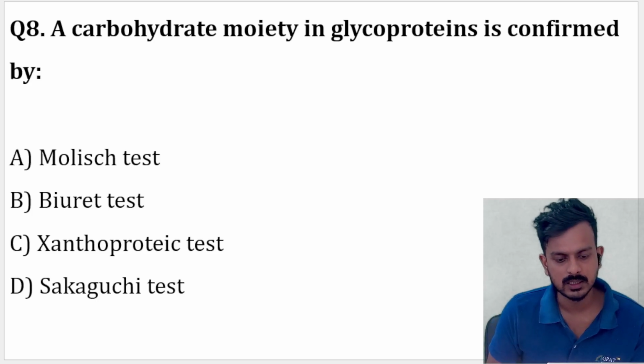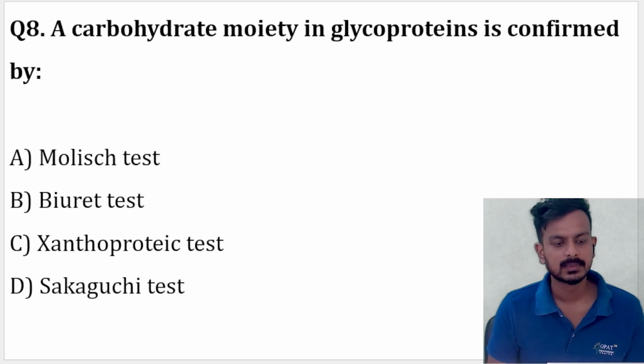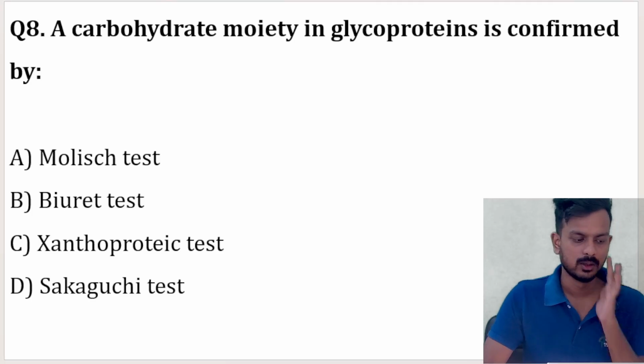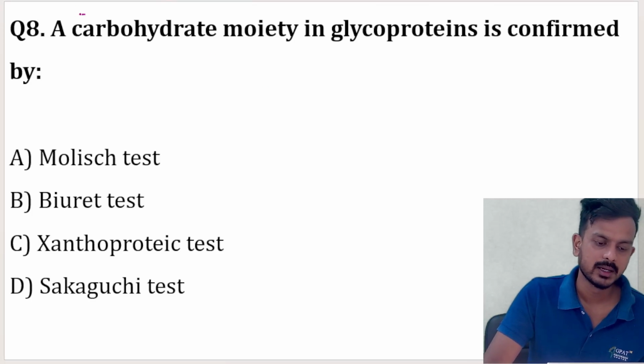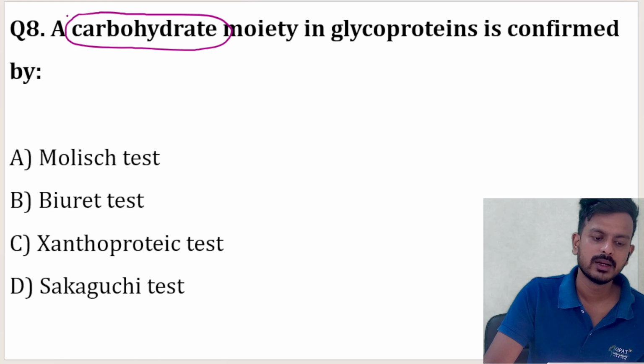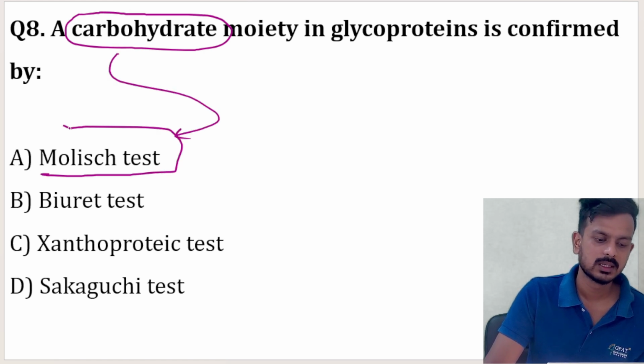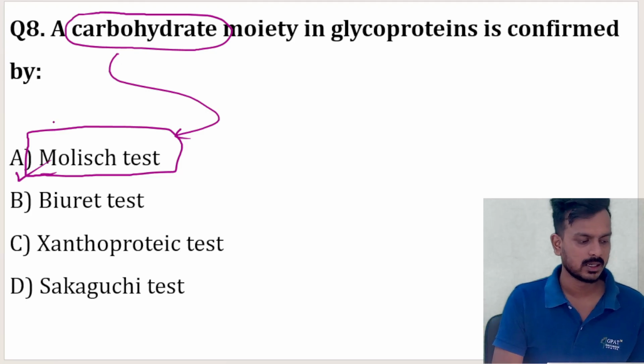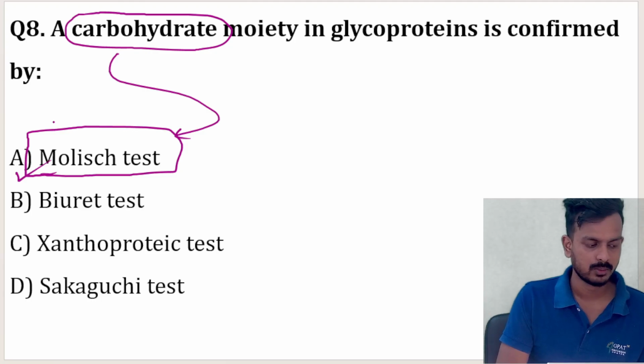Which one is the correct answer according to you? Always focus on the terminology. When we talk about carbohydrate moiety, Molisch test is the one. Molisch test basically detects the glycoprotein.